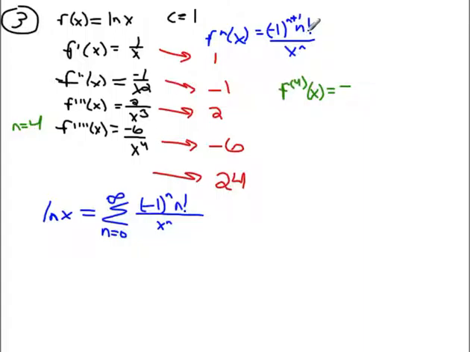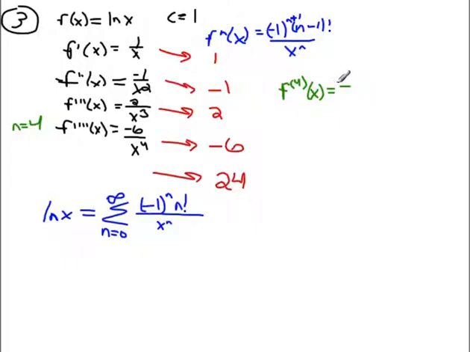I think so. So let's see. If we put 4 factorial, that's 4 times 3 is 12, times 2 is 24. So should it be, instead of n factorial, should we make this n minus 1 factorial? That's what I'm thinking.